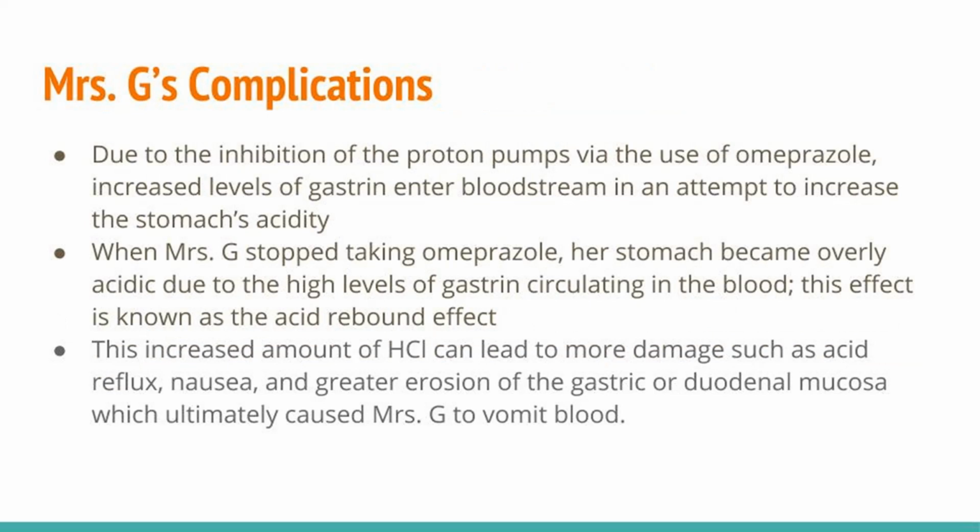Four weeks after her initial visit, Miss G is brought to the emergency room vomiting blood. The proton pump inhibitor she was taking inhibited the release of hydrogen ions, which decreased the amount of hydrochloric acid within the stomach.